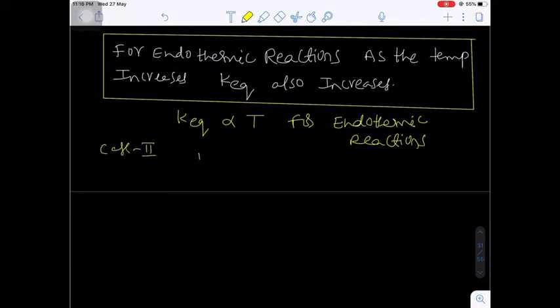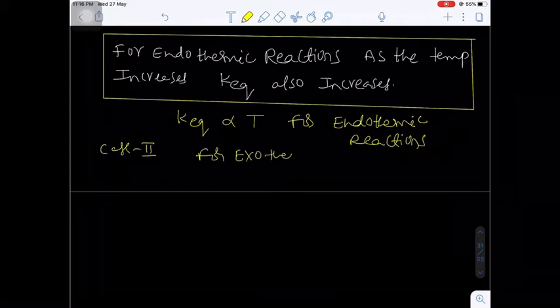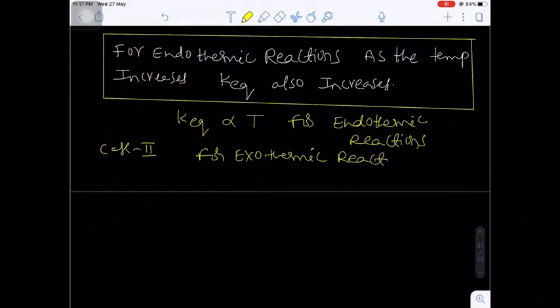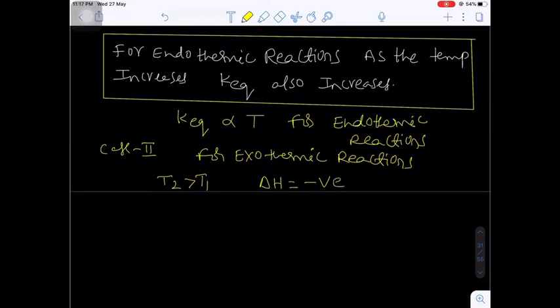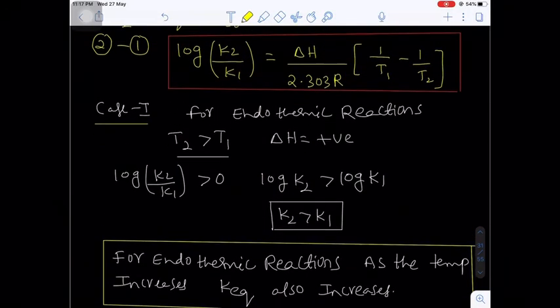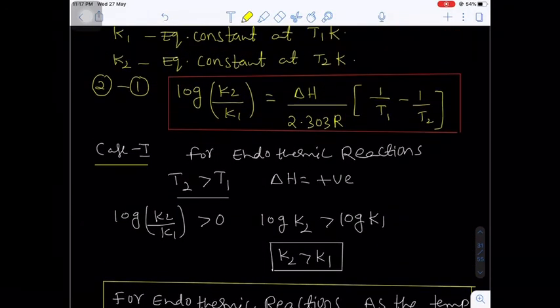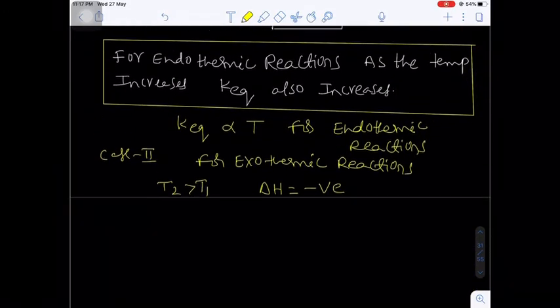Come to the second case. In the second case, let's suppose exothermic reactions. Again, what we are doing? Increasing the temperature. In exothermic reactions, from thermodynamics, we know delta H value is negative.